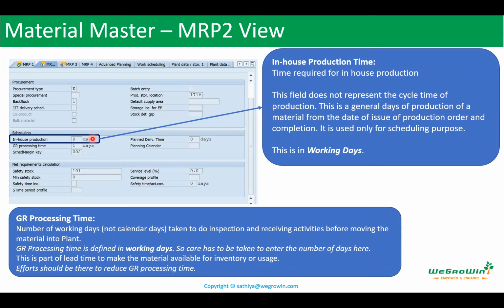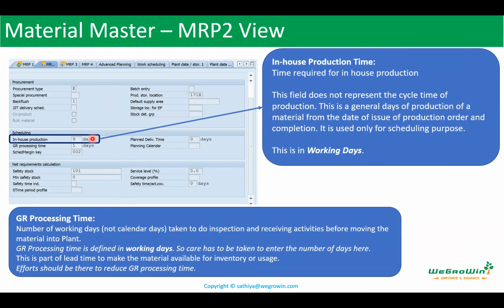If your cycle time is half an hour or 1 hour, and you do not have other constraints, you can put the in-house production time as 1 day only. But sometimes, because here you do not have any quantity, if your lot size is normally 500 or 1000 numbers, then according to that you define 3 days or 4 days as the in-house production time here.